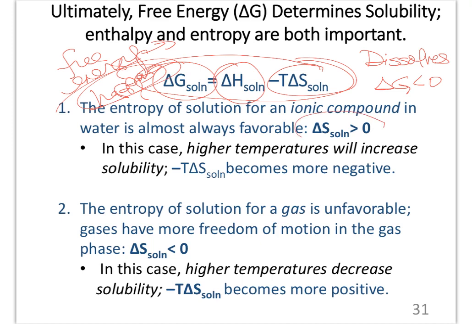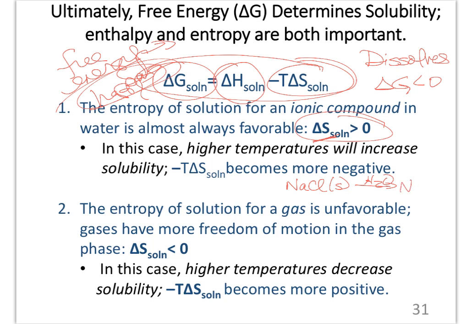So let's talk about the entropy of solution a little bit. You may remember a couple of weeks ago when we were talking about change in entropy for a process, that dissolving an ionic compound in water has entropy change greater than 0.